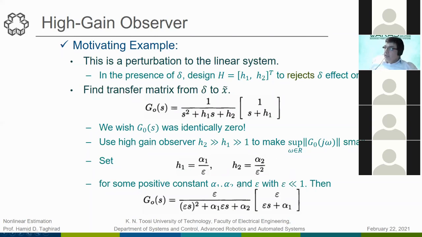But the result, as you see, we put epsilon here and we get epsilon there. And if epsilon is very, very small, much smaller than 1, let's say 10 to the power minus 3 or 4, then both transfer matrix components will be very small and equal to 0.